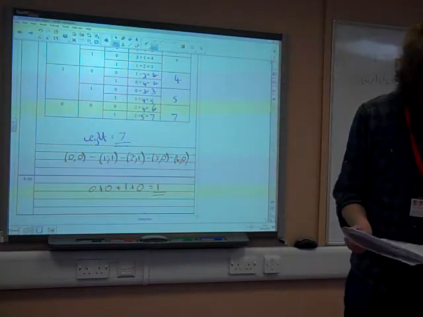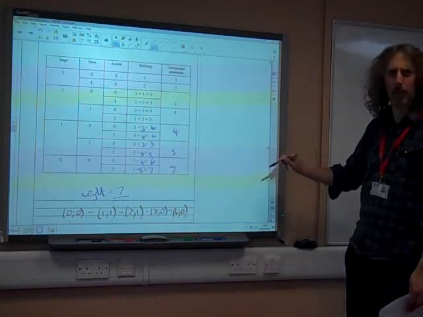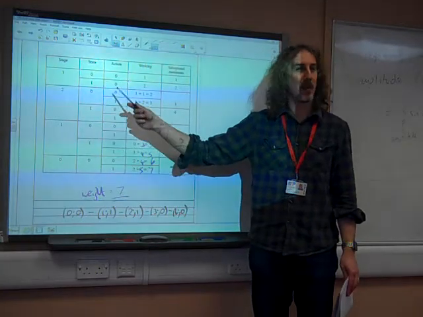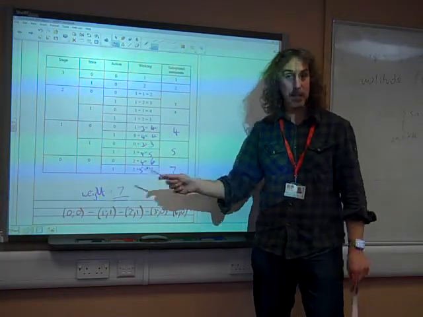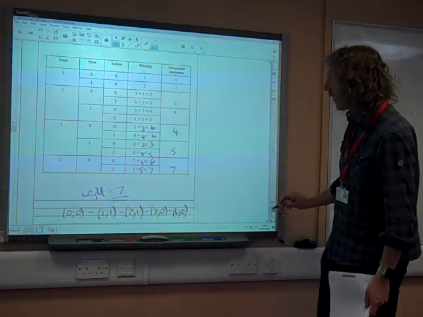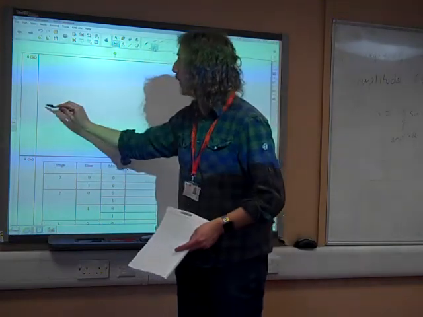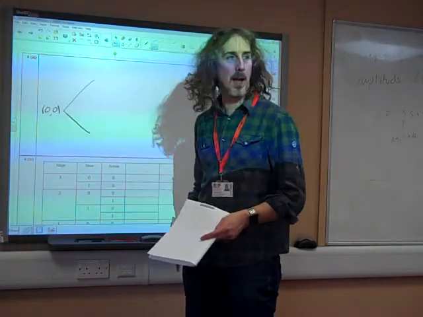Right, draw the graph that the tabulation represents. Well look, in our table, we've only ever had 2 choices as we've gone through this. So it's a really simple network when we come to draw it. The network we have is, we've got 0, 0, and 2 paths leading from that.